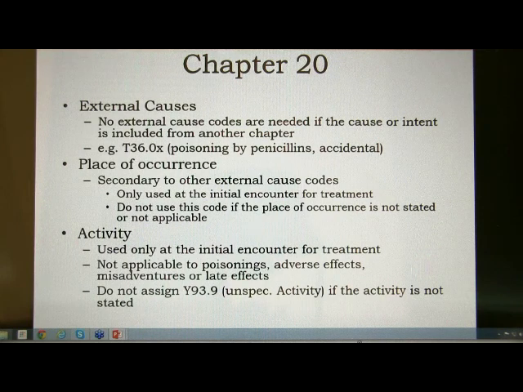Place of occurrence would always be secondary, and this is where was the patient when this happened. So they were in their single-family home, they were in a motor vehicle or on a highway. There are quite a lot of place of occurrence codes, basically any type of residence, single-family, multifamily, apartments, condos, campsites, down to their activity.